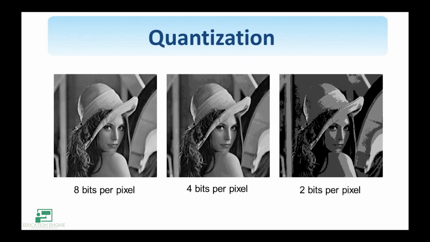Similarly, the idea of requantization is depicted here. Over here is the 8-bit per pixel image we started with. So here I have 2 to the 8th, 256 different gray values. And while here I have only 2 to the 4th equals 16 values to represent the different intensities.